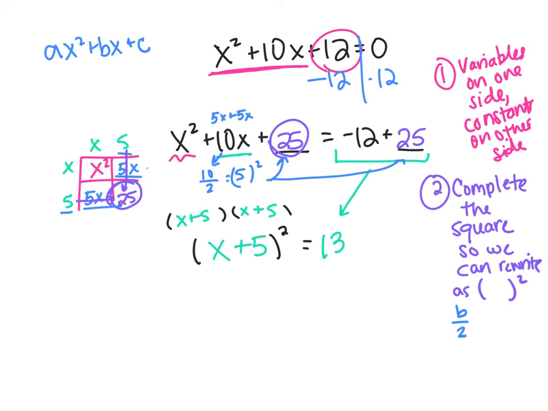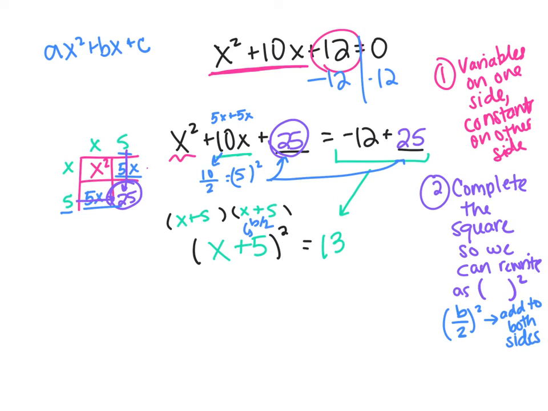So a lot of times you'll see we have to do b divided by 2 squared to figure out what to add to both sides. And then in the process, when you square it, this in the parentheses here, that's just your b over 2. So hopefully that just didn't over confuse you. But that's that new process called completing the square.